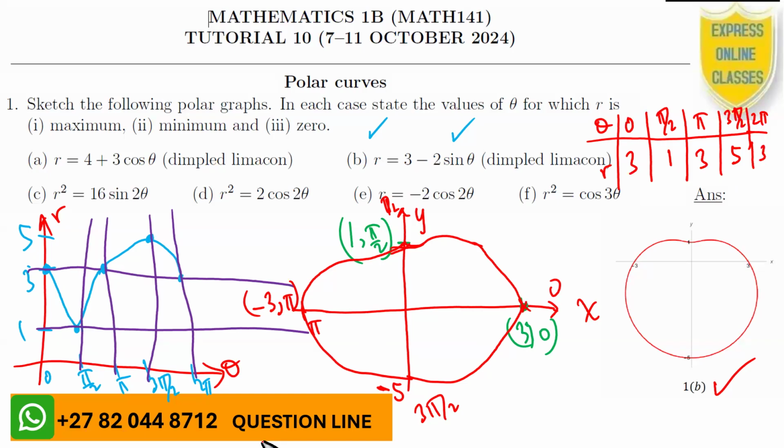Now, this is what we do. You just need to draw these tables at 0, pi over 2, pi, 3 pi over 2, and so on, until we find a case where this can be a little bit difficult. There can be cases where you might need more details when it comes to curve sketching.